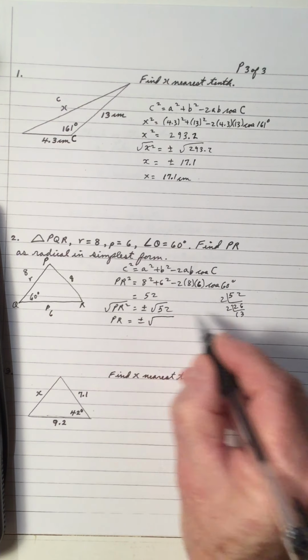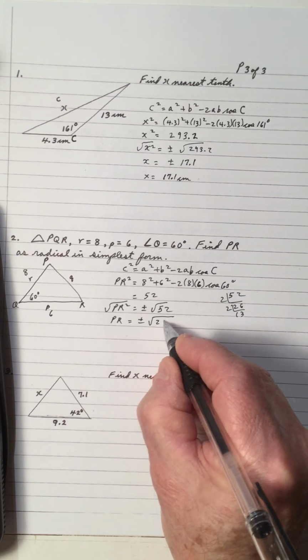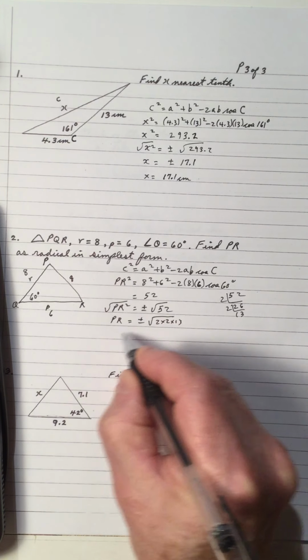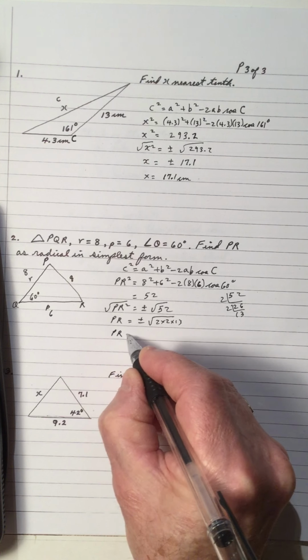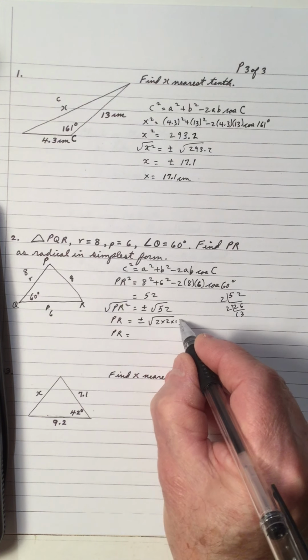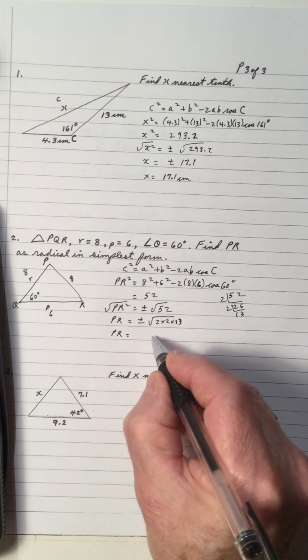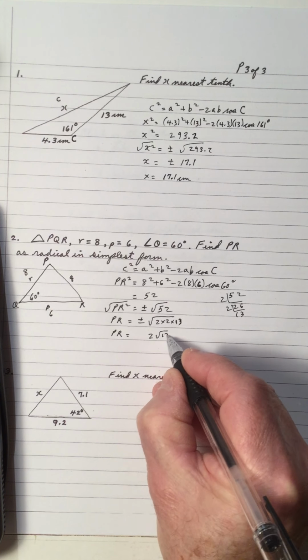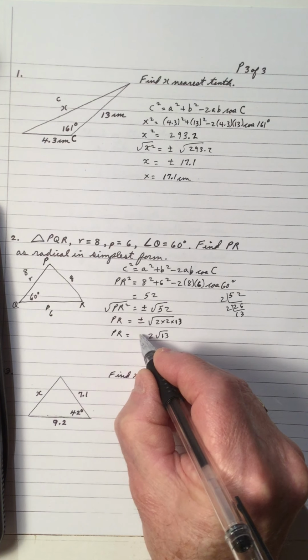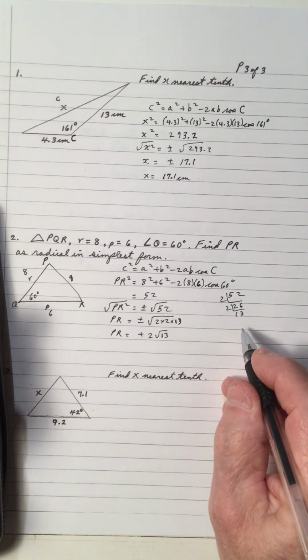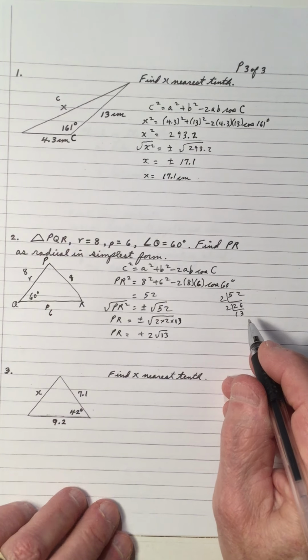So the square root of 52 is 2 times 2 times 13. So PR is equal to 2 root 13, and it has to be positive because the length can't be negative. So it's a radical in the simplest form.